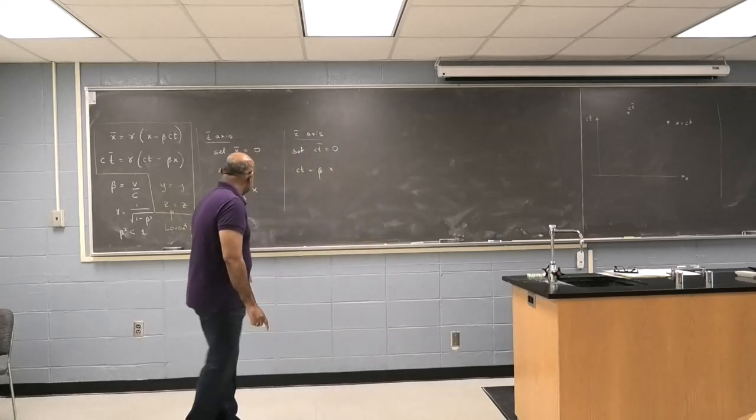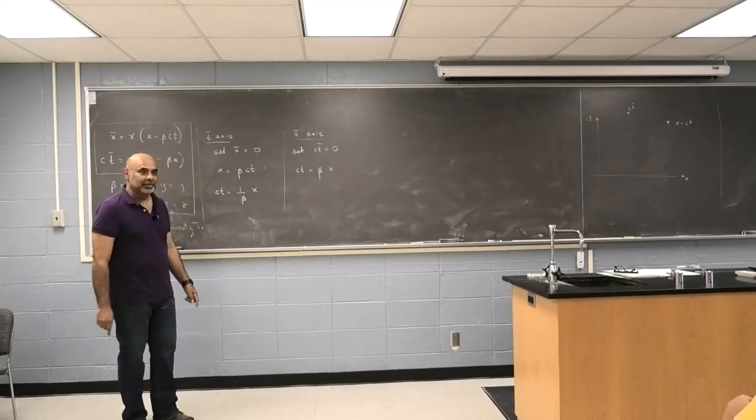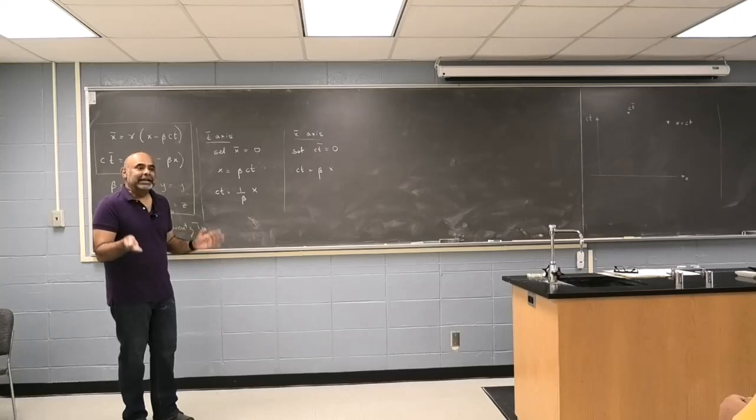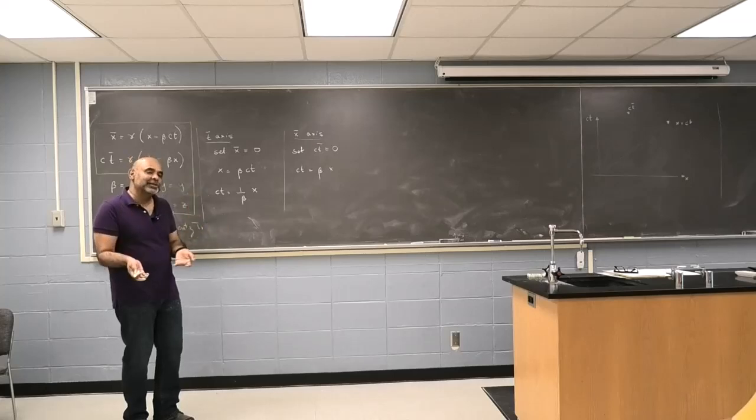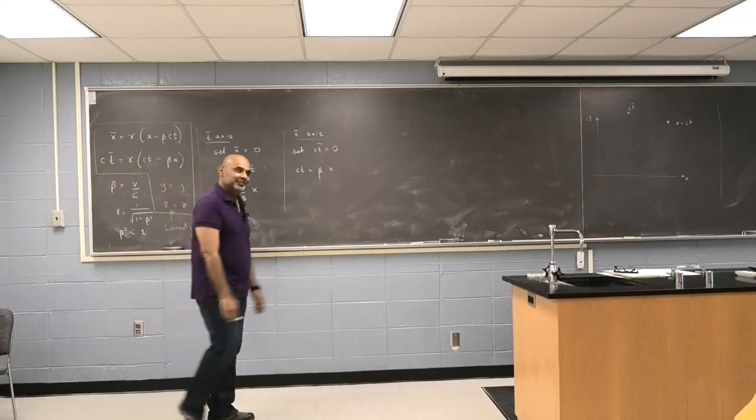So here, what's the product of the slope? Positive 1. You will find that negative 1 and positive 1, this negative side will plague you this entire year. Time goes in the negative direction.